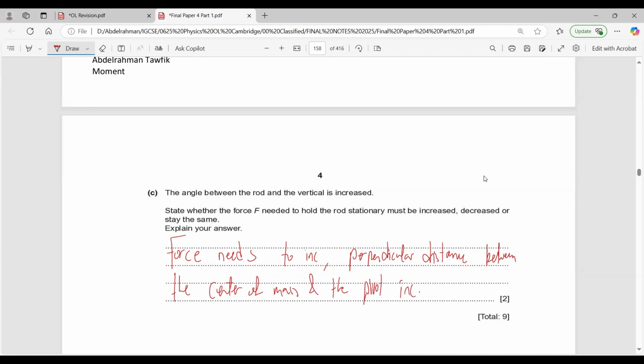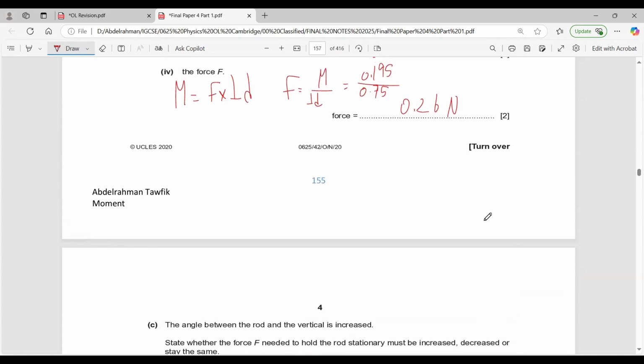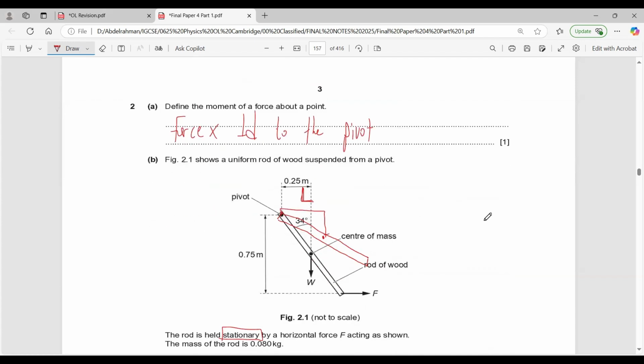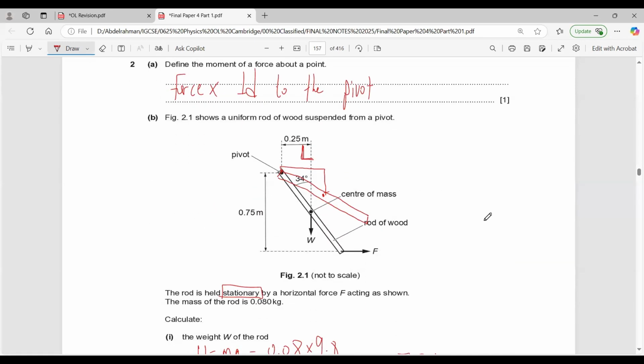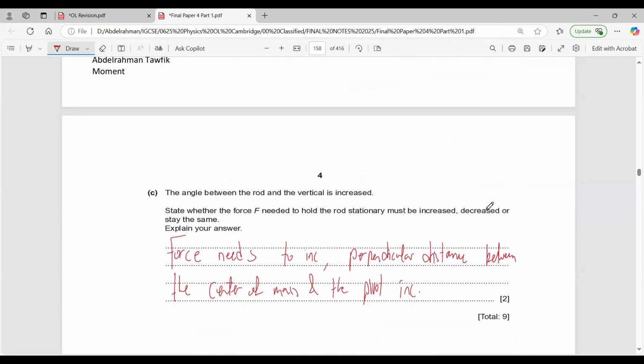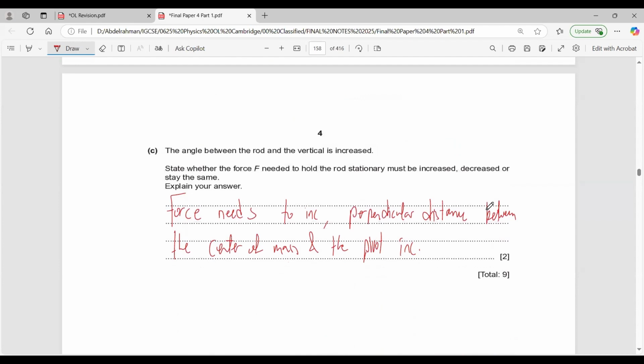I guess that's enough for moment. Moment was an easy lesson. Can I see the last answer? Force needs to increase because the perpendicular distance between the center of mass and the pivot increases.